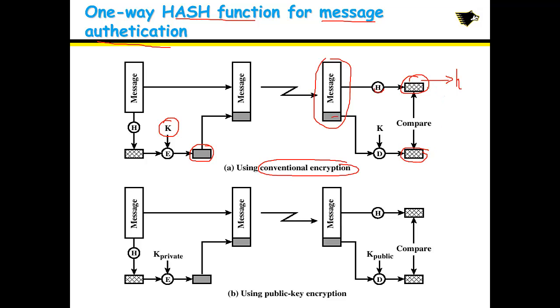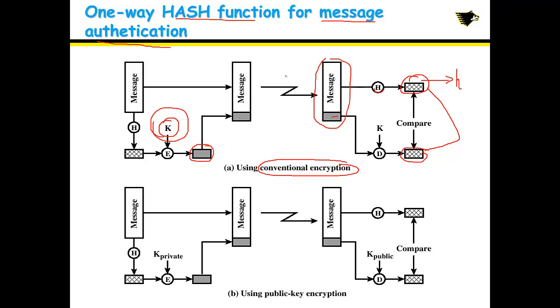We compare these two hash codes. If they are the same, that means the message was not modified during its transmission, and also we can verify this message was sent from the sender who created this message.